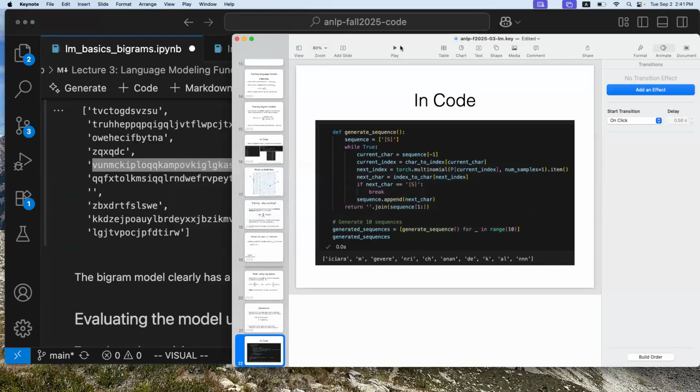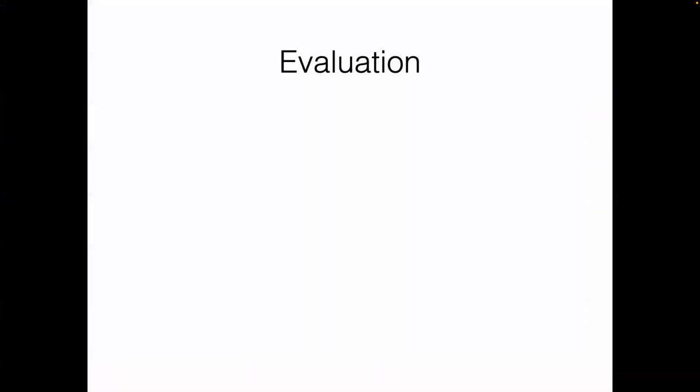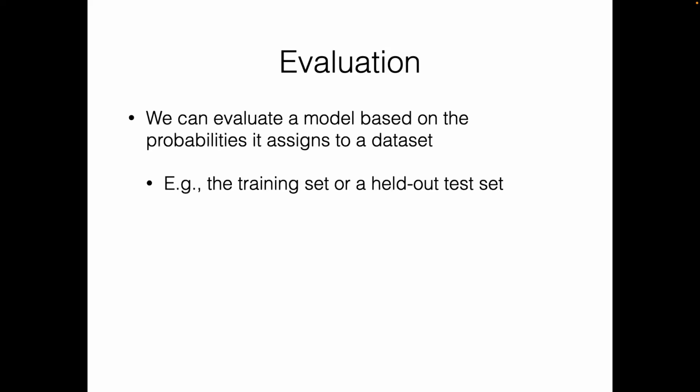Okay, so that's generating with the model. Now we could consider, how do you evaluate one of these language models? We'll go into more evaluation techniques in a later lecture. But here, let's say I want to evaluate the quality of those names.